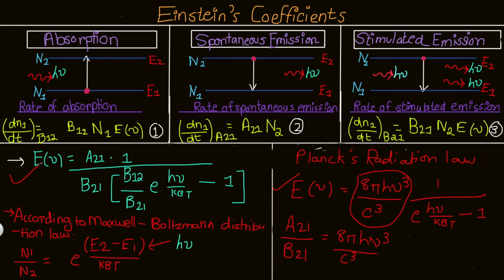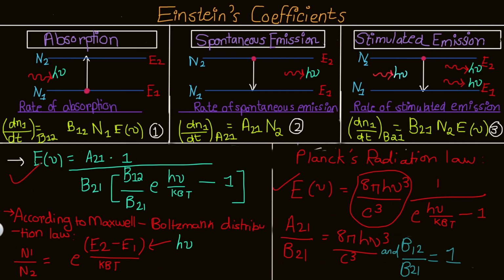And I can write that B12 divided by B21 equals 1, because in front of this we have nothing, so it's like times 1, which is the same as here, B12 divided by B21.